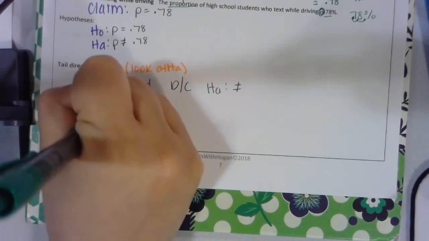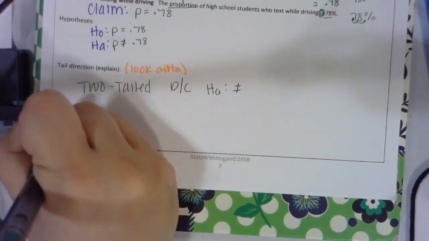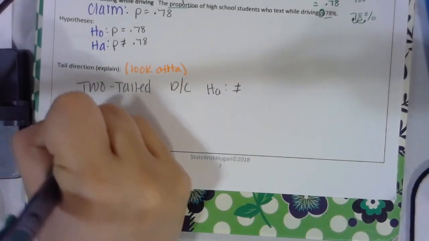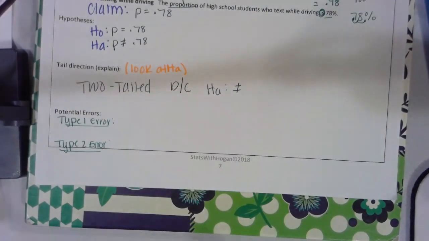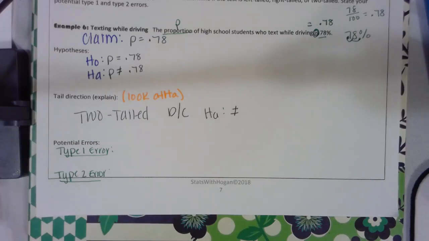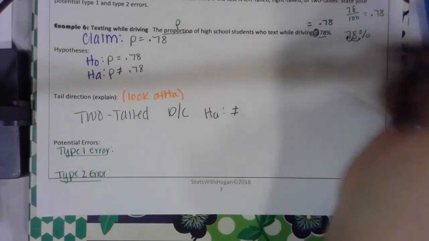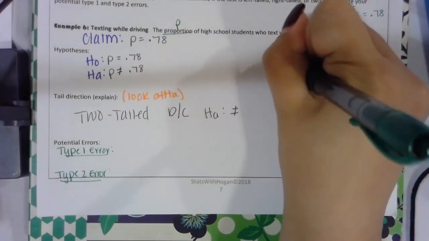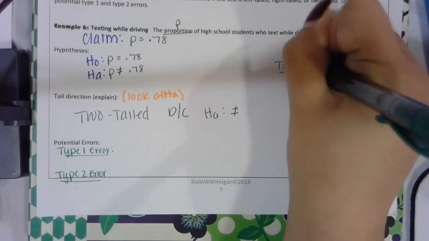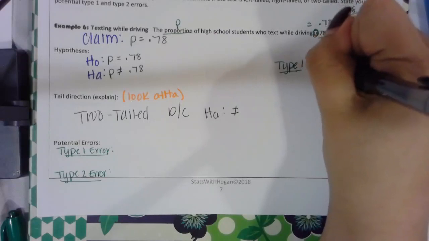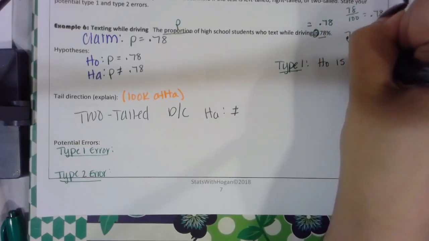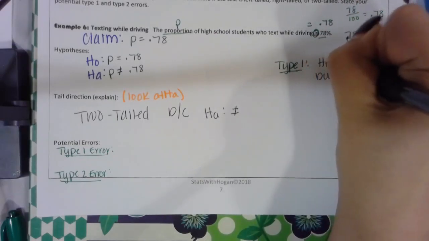Your type 1 error and your type 2 error. In this case, remember your type 1 error. I should rewrite this just in case. Okay. Type 1 error just means H0 is true, but you reject it.